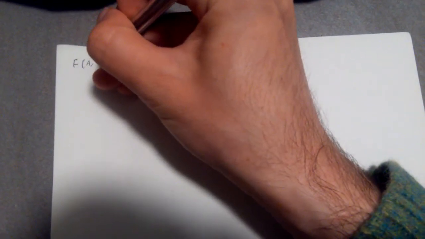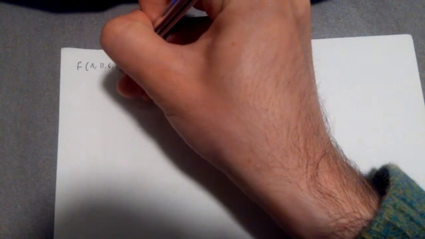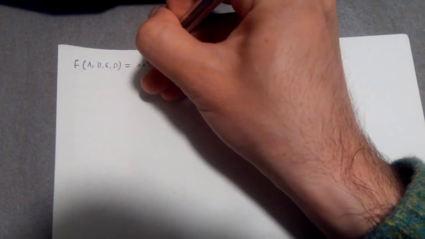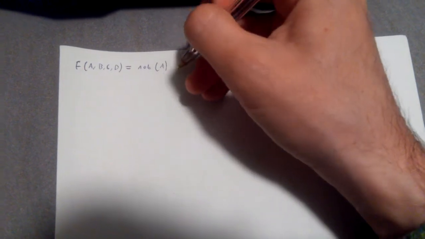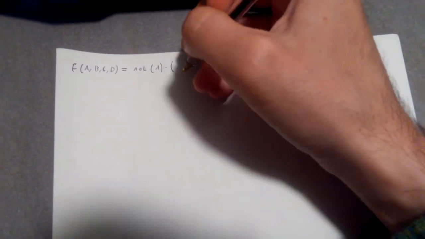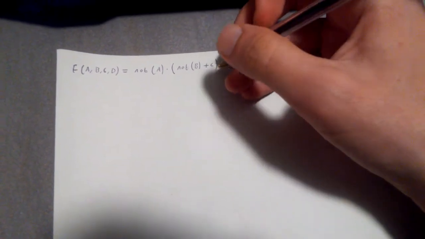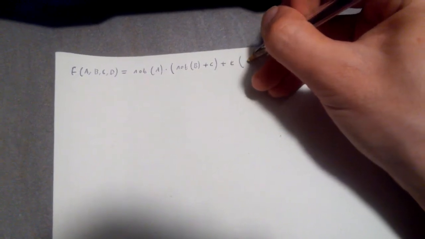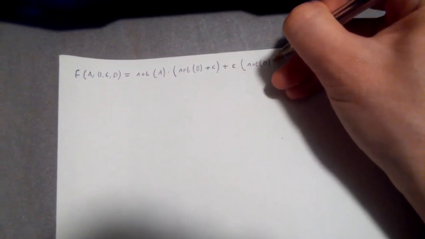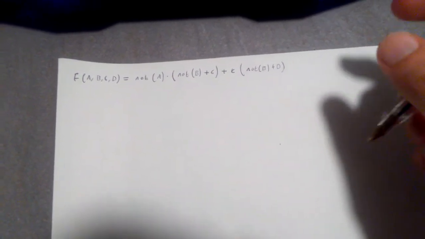So let's suppose that we have the following function: F of A, B, C, D equals not A, not B, plus C, plus C, not B, plus D. And we want to find the NOR transformation.